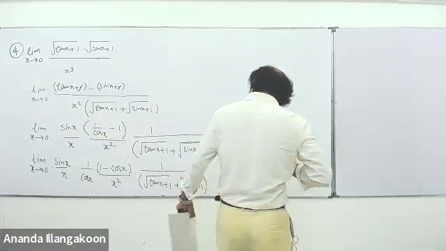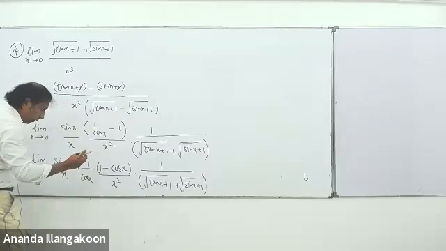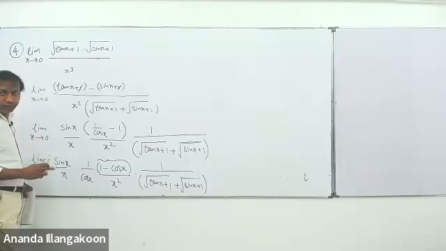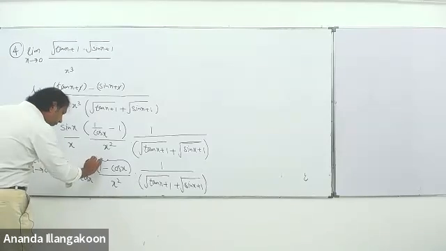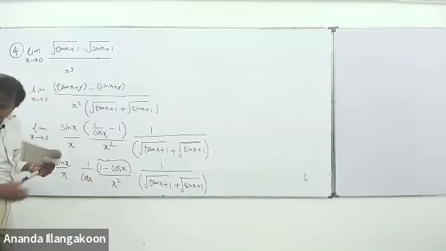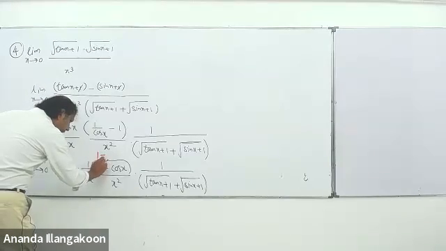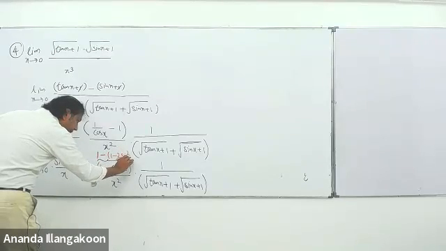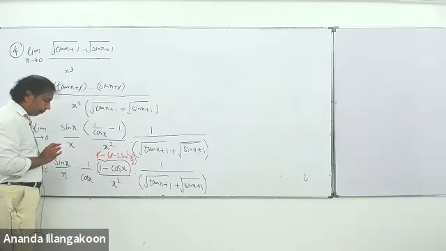Okay. Now, people, here this cos x I can write as 1 minus 2 sin squared x by 2. Then this and this you can cancel down.